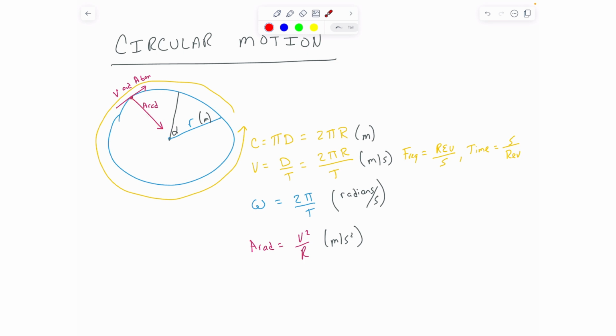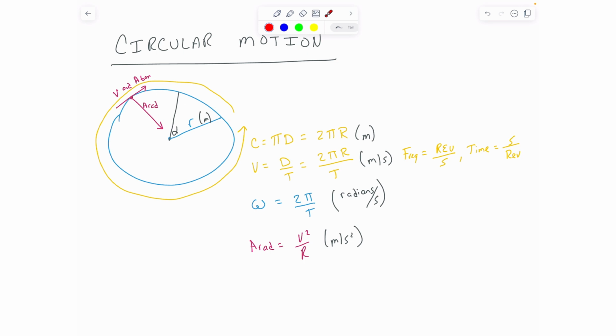But once your velocity starts changing, like 3 meters per second, 4, 5, 6 meters per second, whatever, then your tangential acceleration will also change too. And so instead of being zero, it'll start to grow like that. And then you'll have two vectors, right? You'll have your tangential acceleration vector, and you'll still have the radial vector. And so you'll have to add those two vectors together to find your overall acceleration vector.